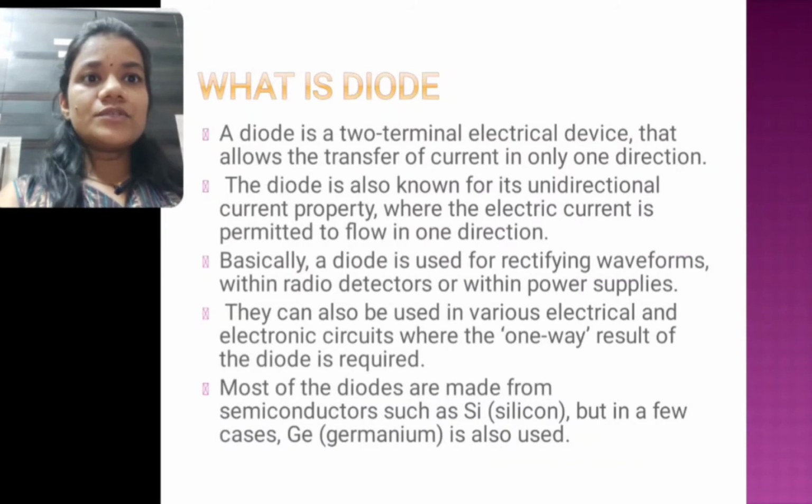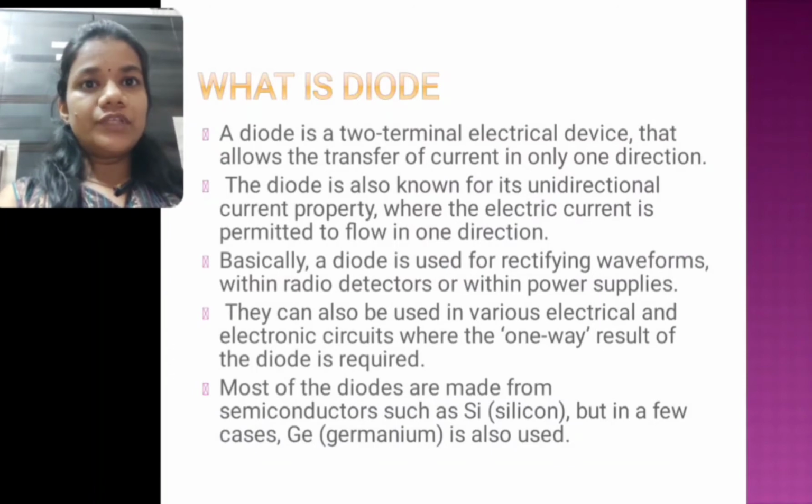The diode is also known for its unidirectional current property, where the electric current is permitted to flow in one direction only. Basically a diode is used for rectifying waveforms.